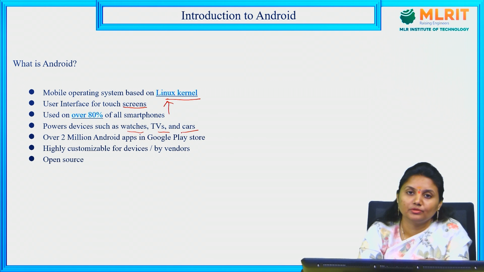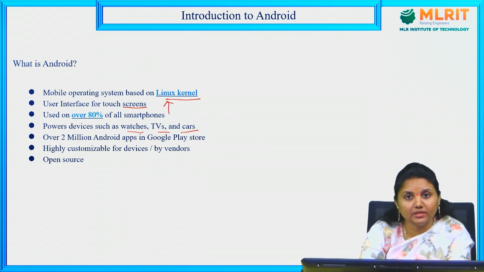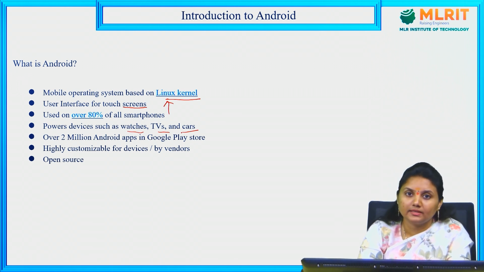Whatever applications you have in the phone, we are able to access everything in the cars and TVs also, and in smart watches. Like Apple watches, where you can directly connect your phone via Bluetooth. Then you can make calls, text, and view notifications, everything can be done.